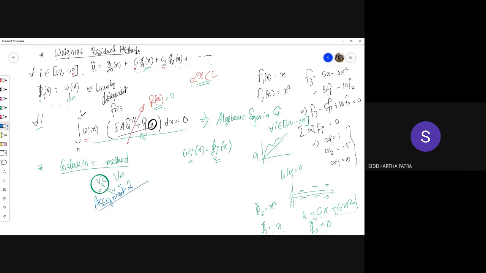imagine for a bar, Q is a linear function, length is 1 meter, area of cross section is 10 to the power minus 4 meters squared, Young's modulus is 200 GPa.